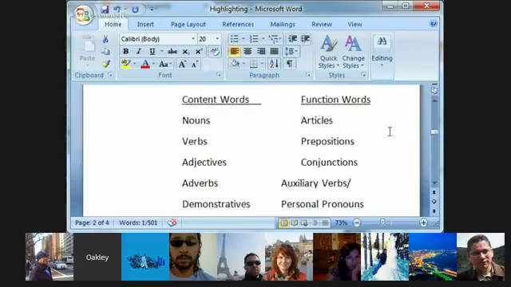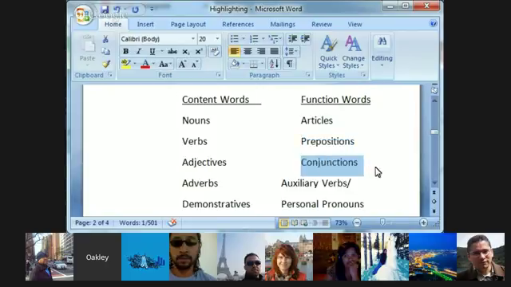Function words are words that are underpronounced, even reduced, or pronounced very quickly within the sentence. Articles, a and the. Prepositions: of, for, in, out, on, up, down. They get reduced.